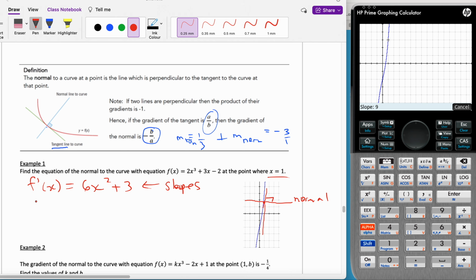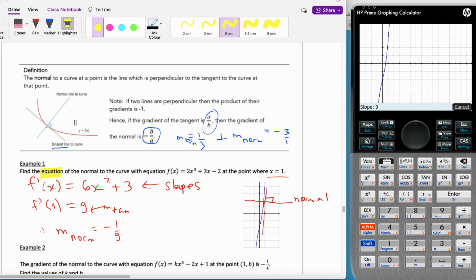So if I sub it in, you can check, it's 9. So again, what is this 9? This is the slope of the tangent. Therefore, your slope of the normal is going to be negative, 9/1 flipped, -1/9.